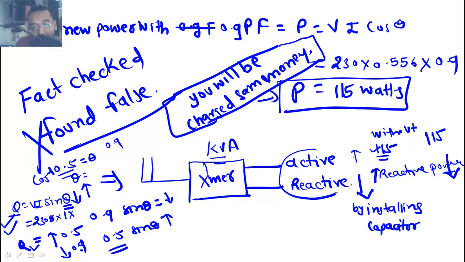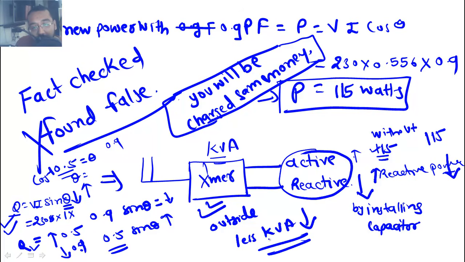So overall the loading on the transformer installed outside will be less and it will be installed with less kVA. This will also affect the power generating station where the alternators are installed, which would require lesser capacity because the kVA capacity has been reduced.